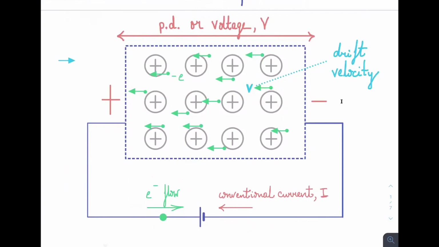Now, to help you understand the concept of PD, short for potential difference or voltage, okay, these mean the same, you can simply imagine a water stream that flows from a high point to a lower point.